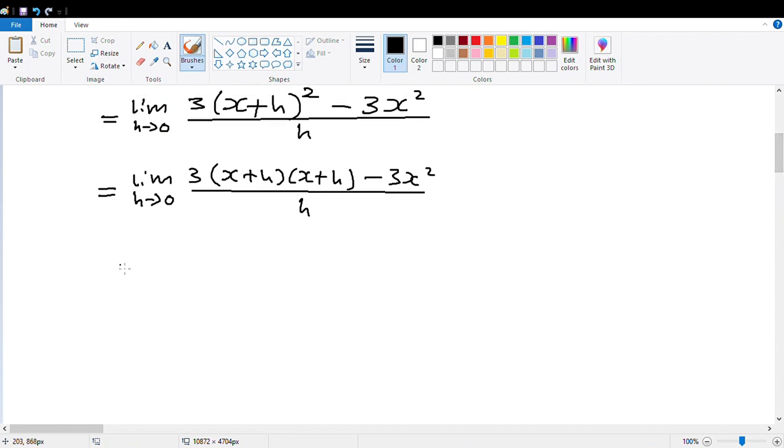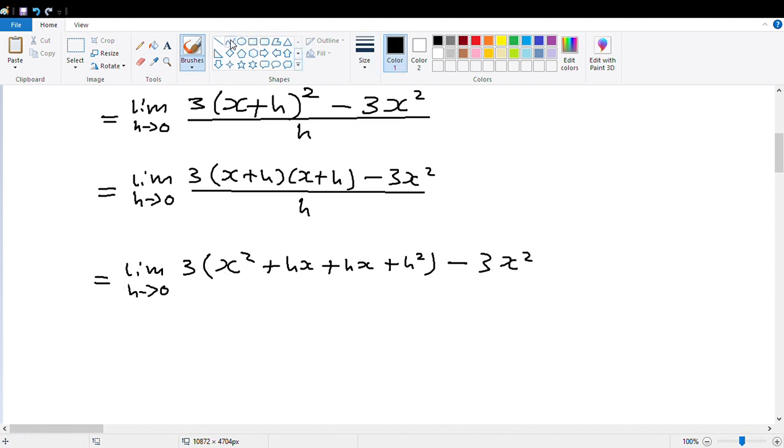So x times x is x squared, x times h is plus hx, h times x is plus hx once more, and h times h is h squared, minus 3x squared, and all that is divided by h.